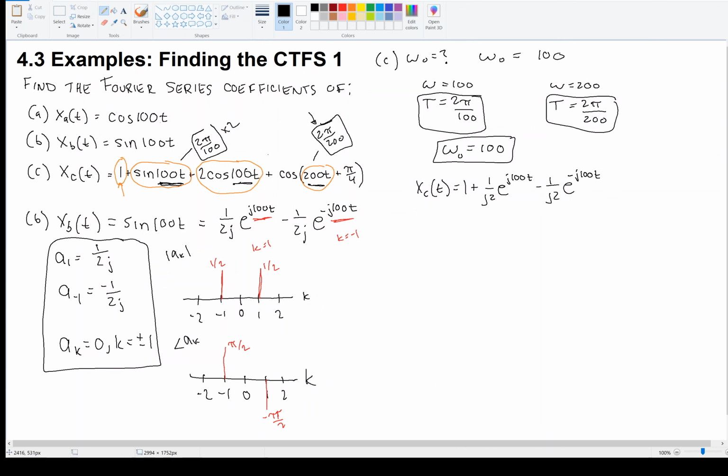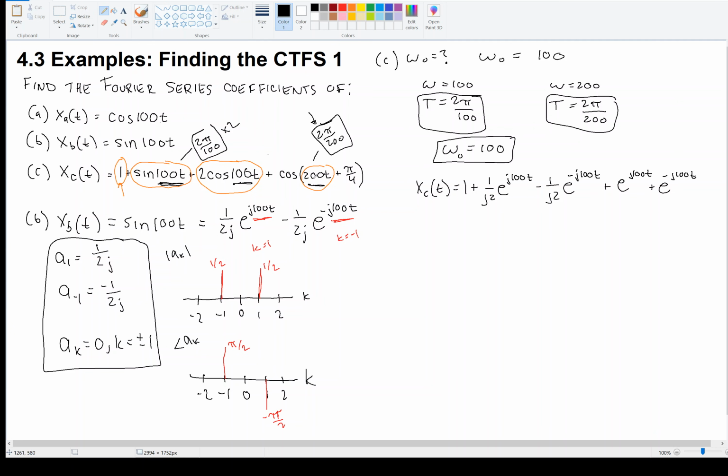That's the sine. Then the cosine is 1 over 2 times e to the j 100, but we have that 2 out in front, so that just makes e to the j 100t plus e to the minus j 100t.